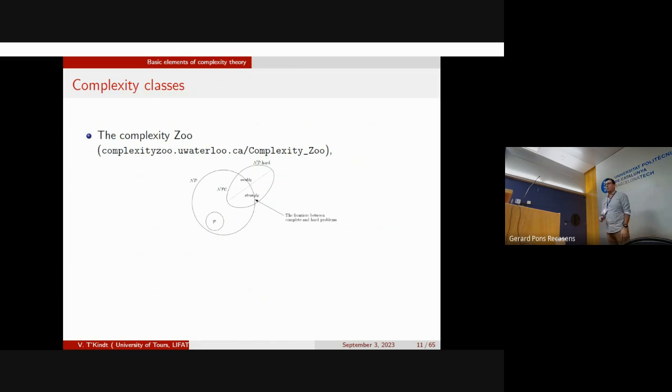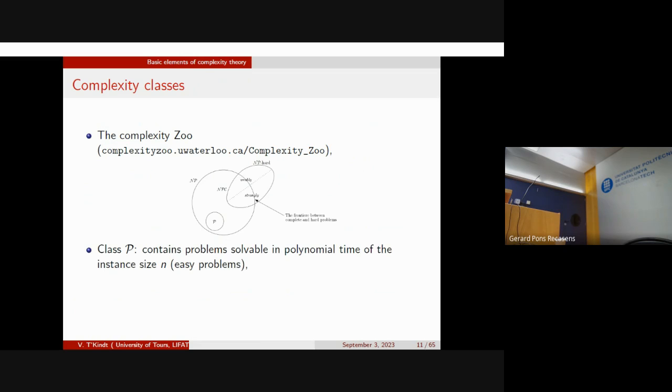From the literature, we have that basic classification that maybe some of you have already seen. We are used to say that there is a big complexity class that is called NP. I won't spend time on it. And we have P, and NPC here. So let's first talk about class P. In class P, you have all the optimization decision problems that can be solved optimally in polynomial time of the instance size, n.